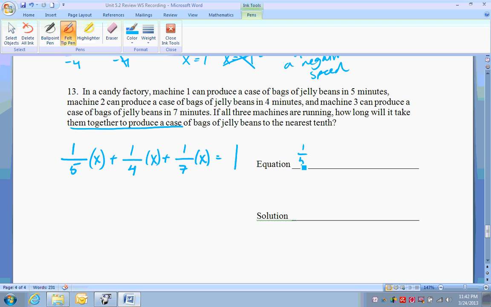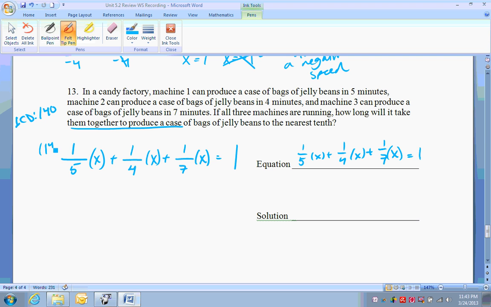1 over 5 times x plus 1 over 4 times x plus 1 over 7 times x equals 1. So now I need to get rid of my denominators, and the way we do that is we find the LCD, and the LCD between 5, 4, and 7 is 140.